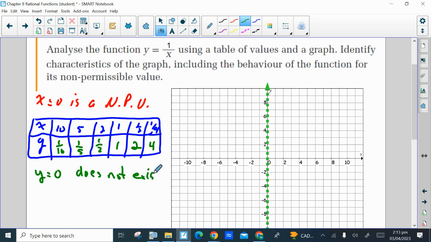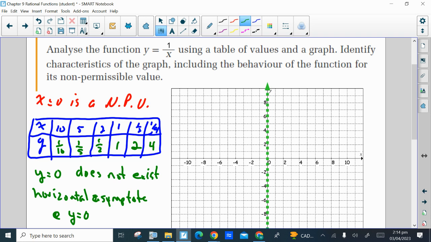And so because of that, we will have a horizontal asymptote at y = 0.